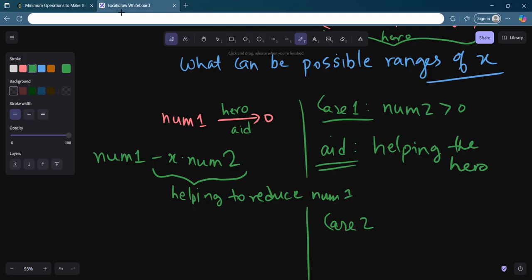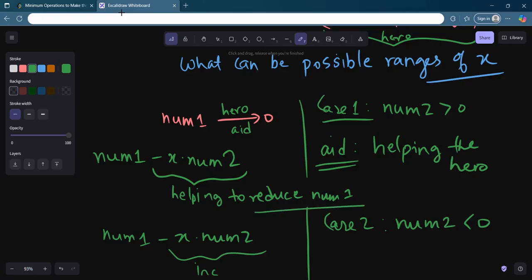Case 2, what is this case 2? It is nothing but, let's say this num2 is less than 0. What will happen in this case? You see, when you try to do num1 minus x times num2, instead of helping to reduce, it is increasing num1.